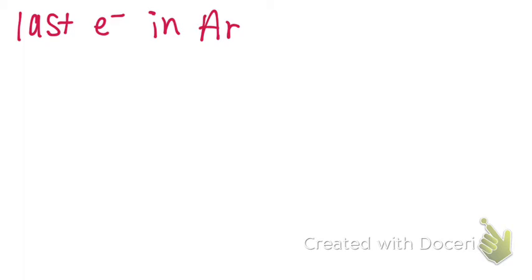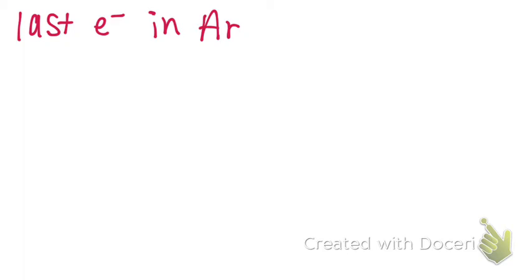If I wanted the quantum number for the first electron in argon, it would be like finding hydrogen's quantum number. If I wanted the second electron, it would look like finding helium's quantum number. I can find any electron, but usually I'm going to find the last one.